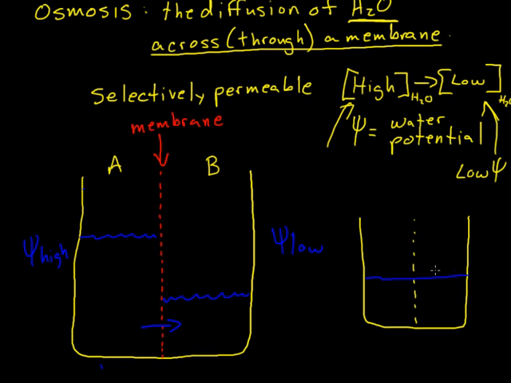Over time, we're going to reach equilibrium, to where we have net movement in both directions, meaning that water potential is equal on both sides of that membrane. And so, again, we call that equilibrium. So osmosis causes the water to move from a high concentration to the low concentration, or potential if you want to use potential. And so eventually the water evens out on side A and side B.